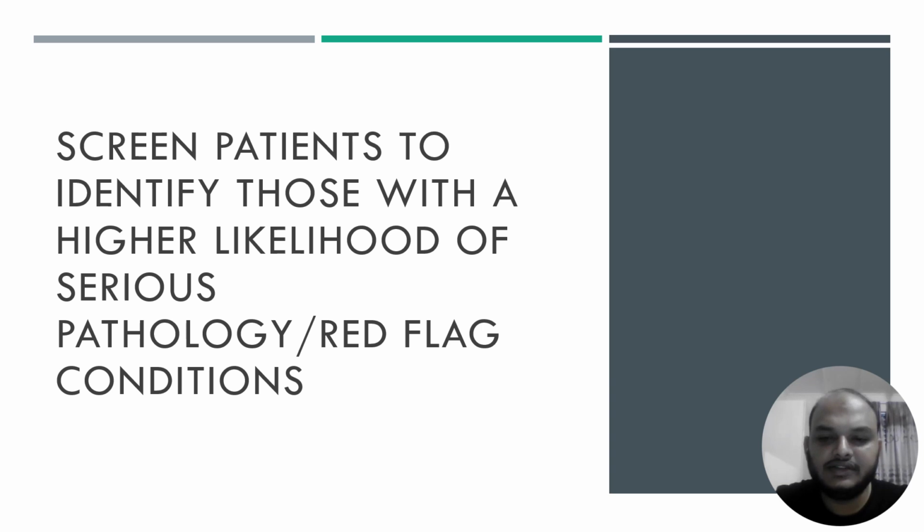Next principle is that when we are assessing our clients or our patients, we screen them for serious pathologies and red flag conditions. When we are taking history from the patient, we make sure that we identify anything in the history that suggests that the patient has a red flag or a serious pathology.